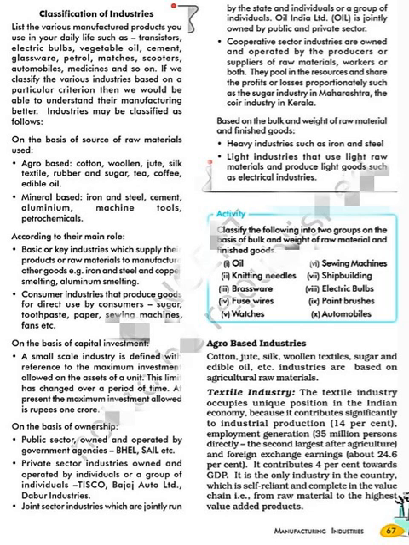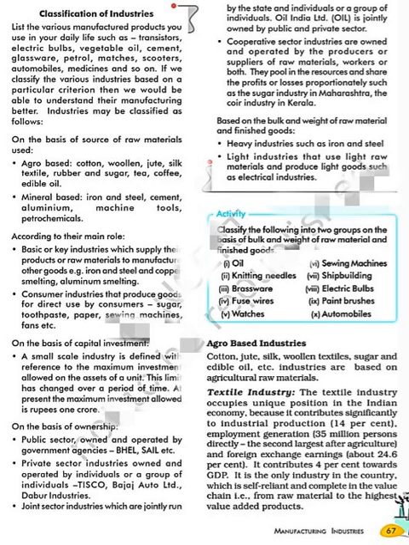IT industry, software industry, is a light industry. So this was the classification we have discussed, students: on the basis of source of raw material, according to the main role, on the basis of capital investment, on the basis of ownership, and based on the bulk and weight of raw material and finished goods.